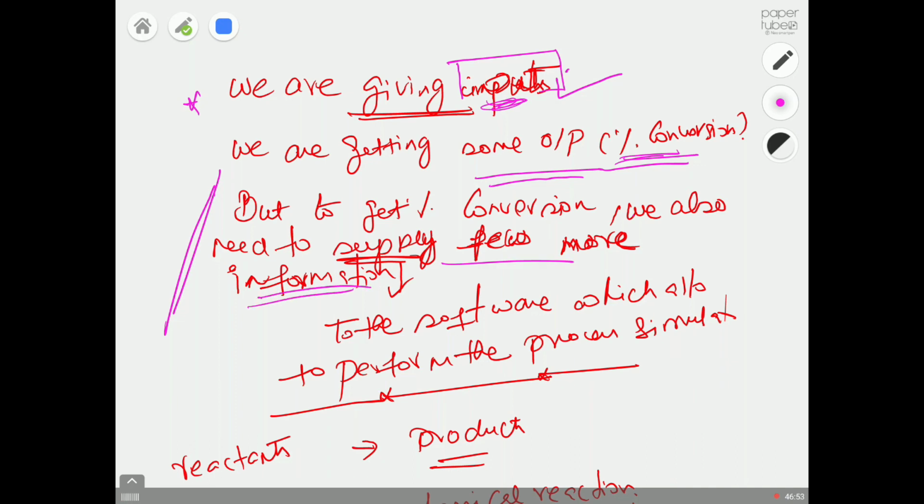It's not like, okay, I know how to draw a CSTR tank, and I know how to draw two arrows where I can put A comma B as my reactants, and I know where the product comes out. That's not enough to get the percentage conversion. You need to work a bit more to get your percentage conversion as a function of your operating variable.